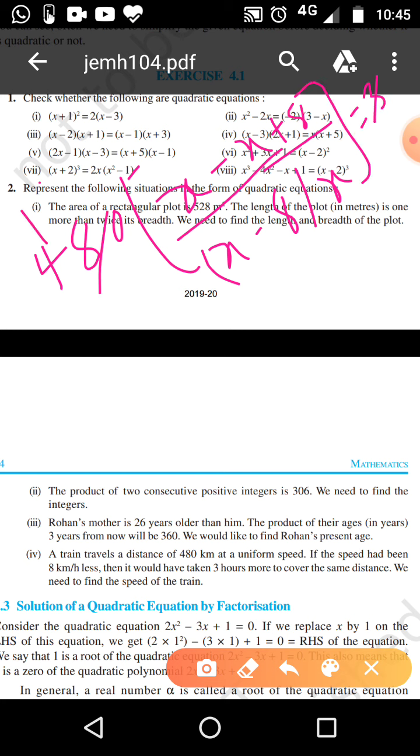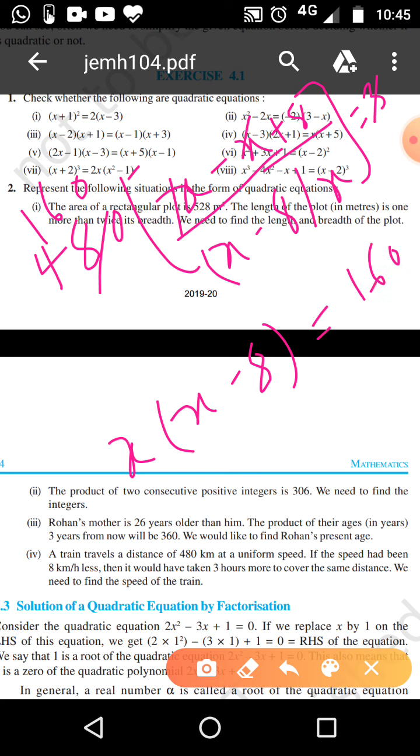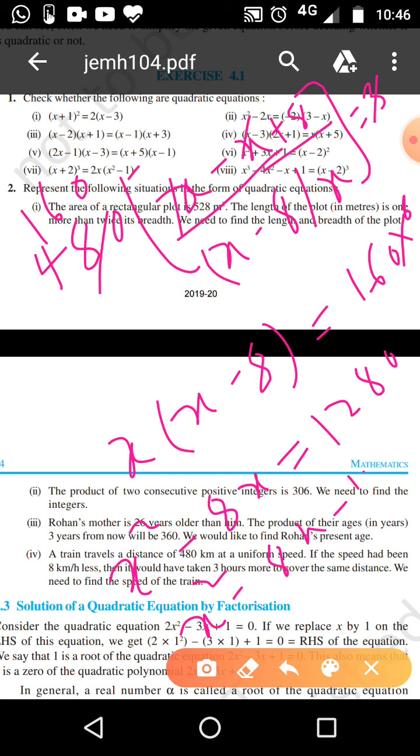So 480 divided by 3 is 160. The x cancels out, and we get 160 into 8. So x square minus 8x is equal to 1280. So x square minus 8x minus 1280 is equal to 0. This is the quadratic equation for question number 4.